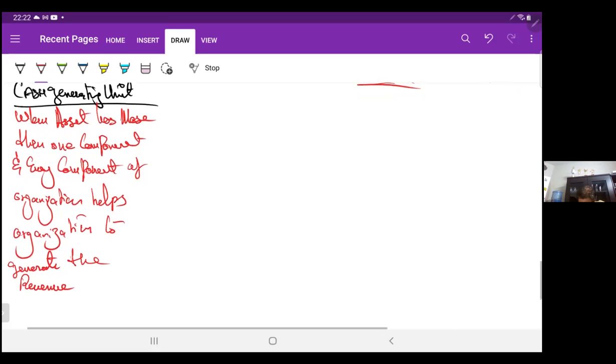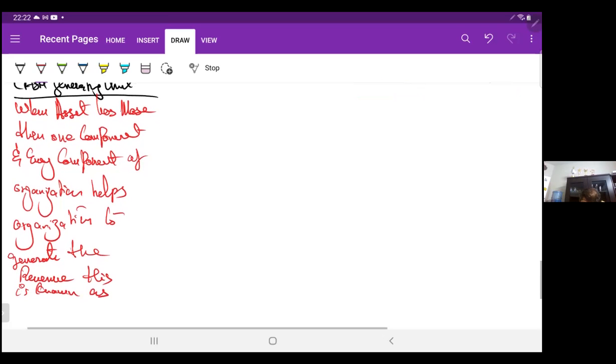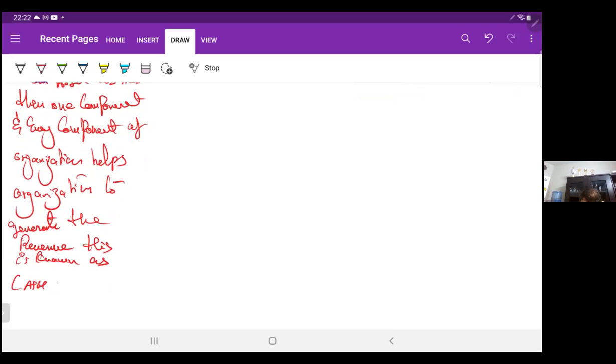This is known as cash generating unit. Okay.